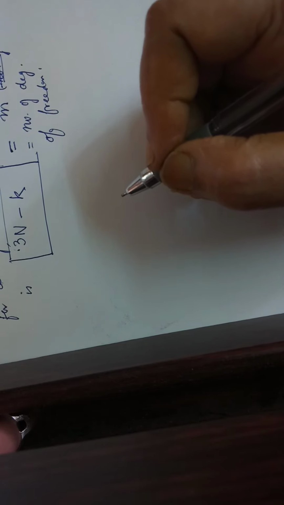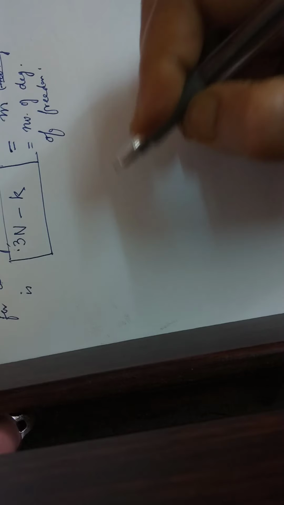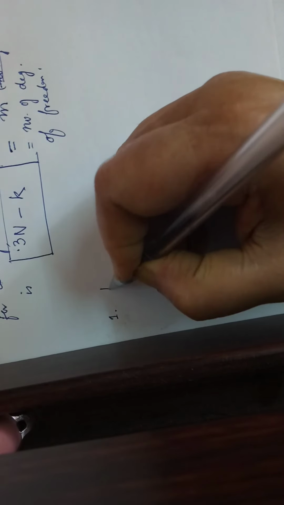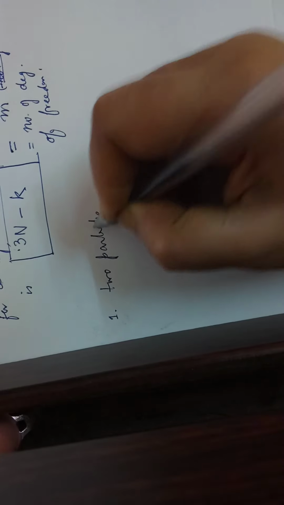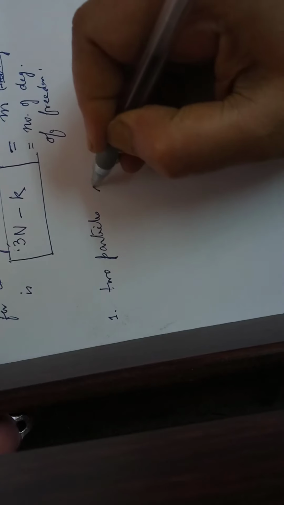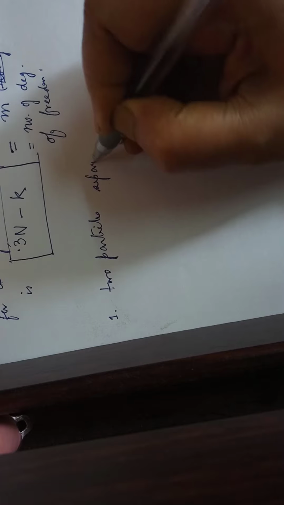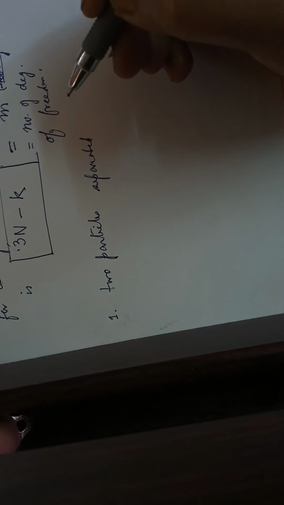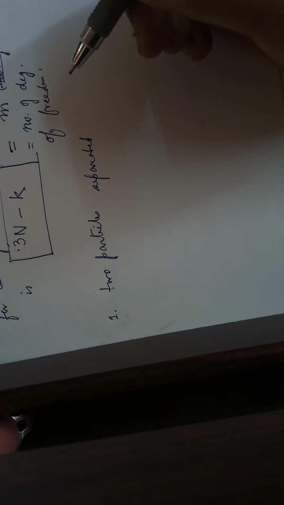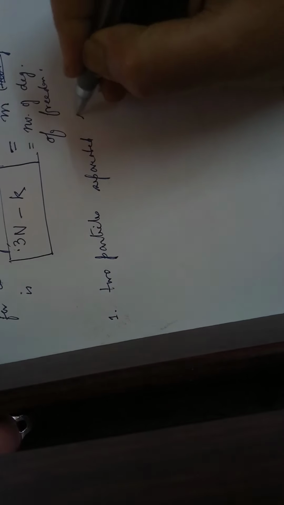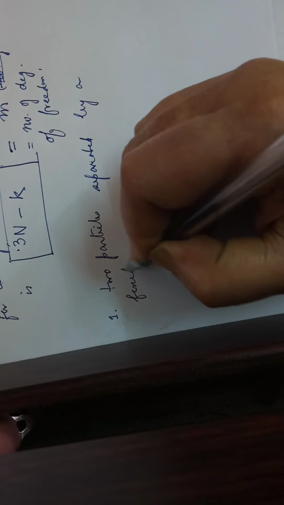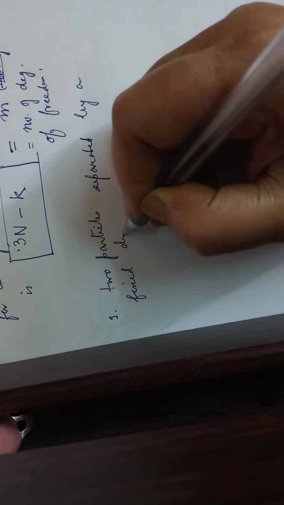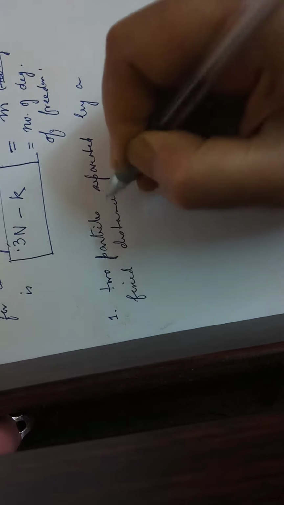Suppose we are having a system of two particles separated by a fixed distance, as for example a rigid body.